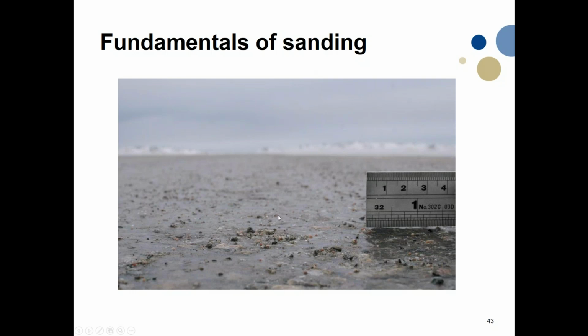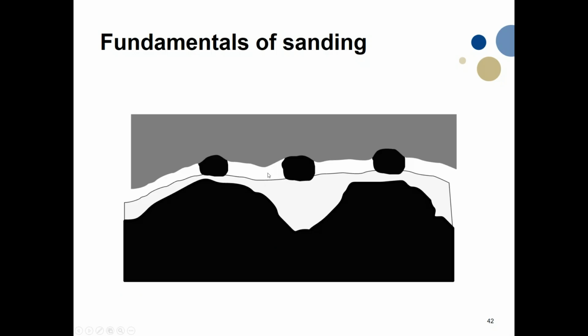Now, there are a lot of disadvantages by sanding, and particularly if you have high speeds or high traffic volumes and you add particles on a pavement or on snow and ice, they tend to just blow away, and the effect is very short lasting.